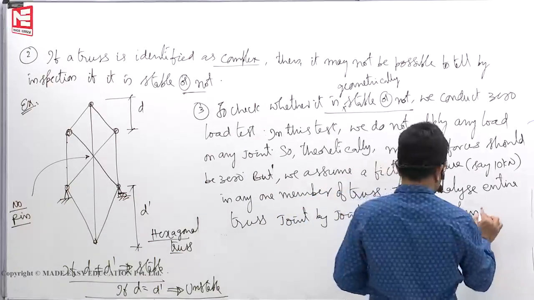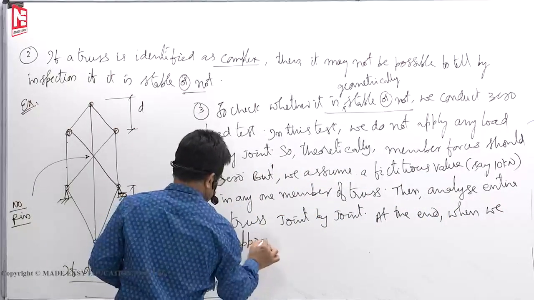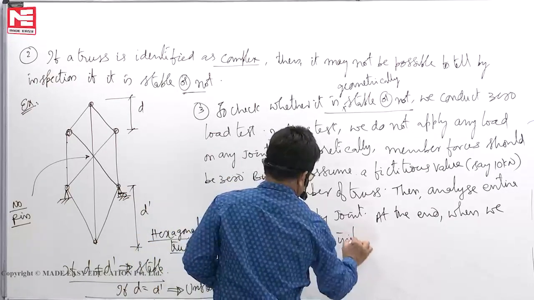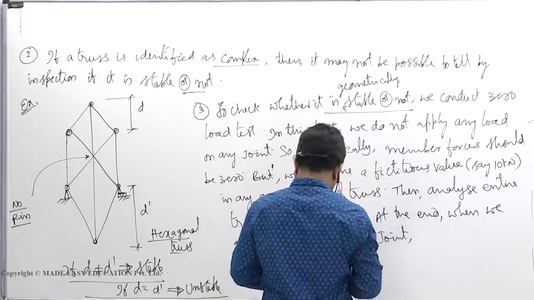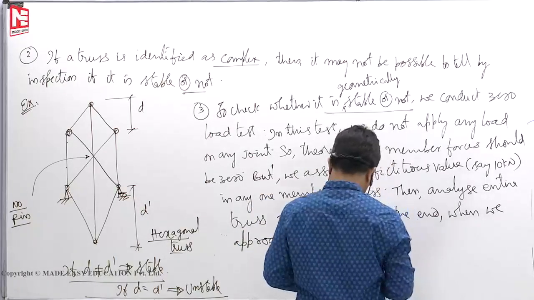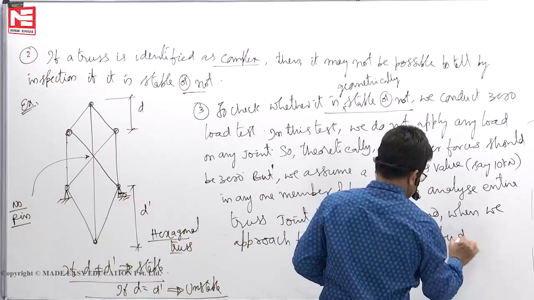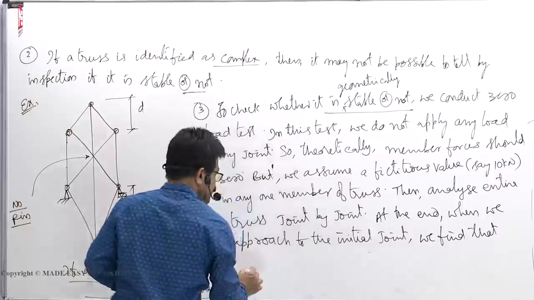when we approach the initial joint, we find that the equilibrium equation is satisfied.